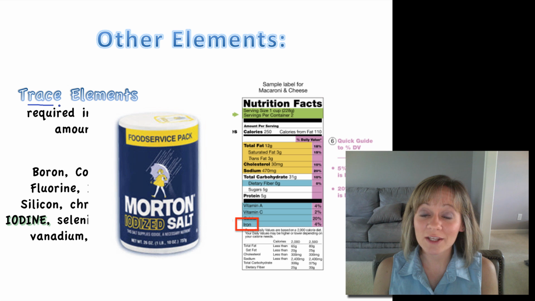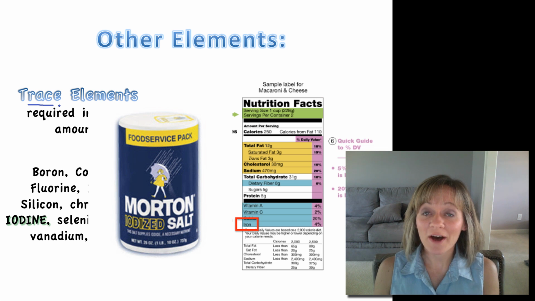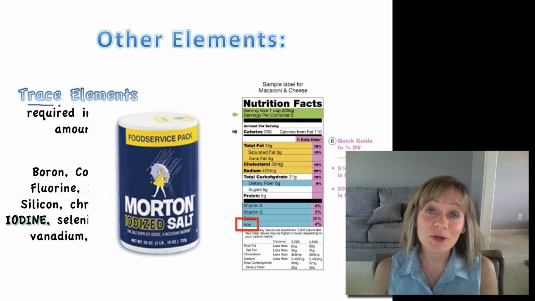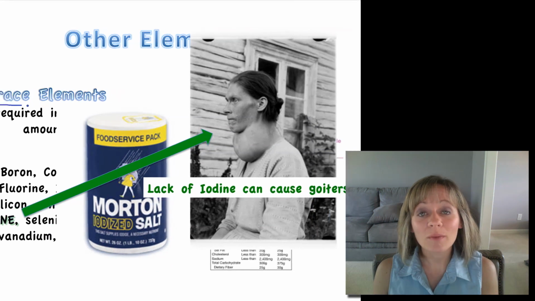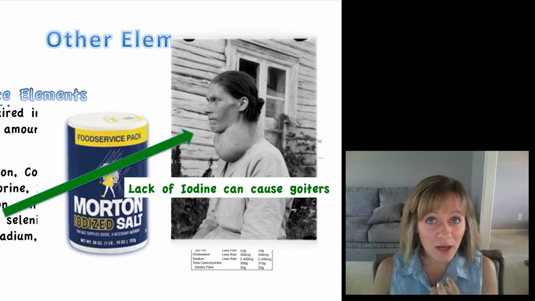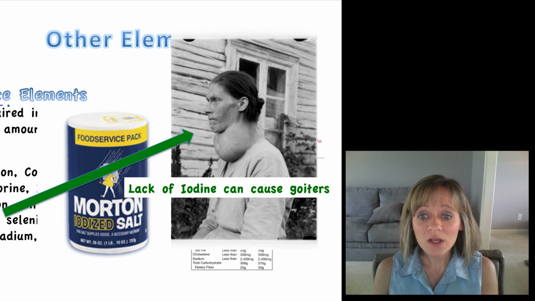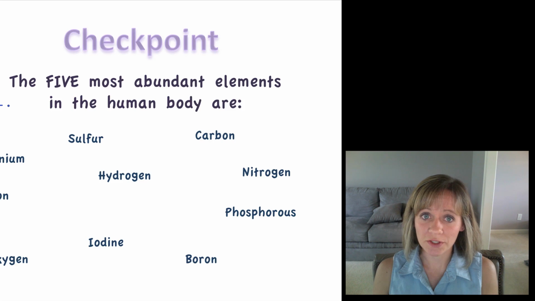You will find that your mom or dad probably has bought iodized salt. Iodine is often added to salt because we do need a little bit of iodine, and if we don't get it, we could form a goiter. That's because of our thyroid hormones and the requirement of iodine in that hormone. So lack of iodine can cause goiters.